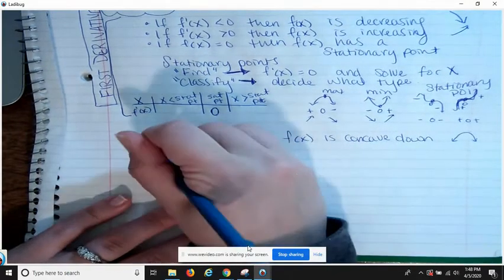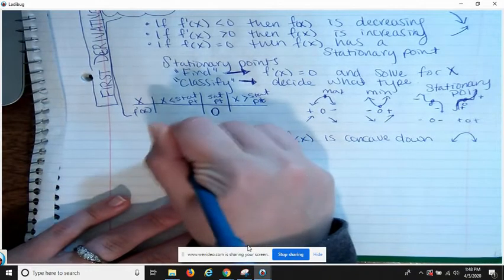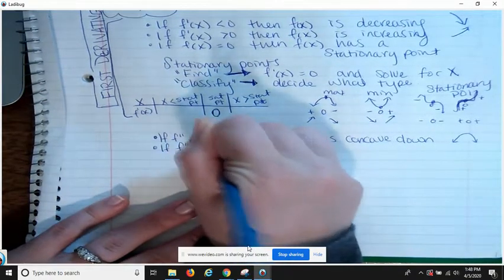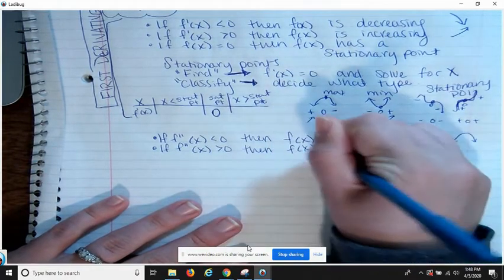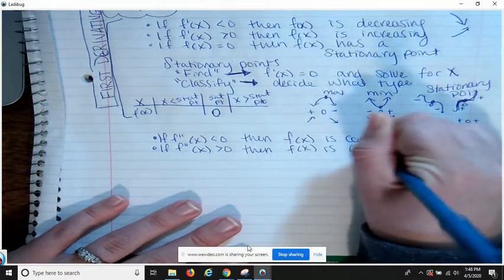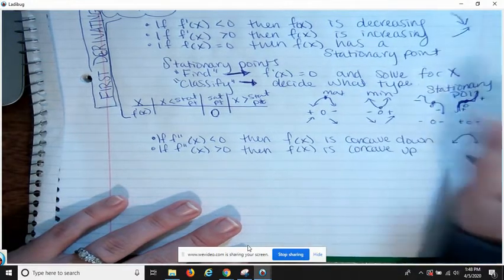If f double prime of x is greater than 0, then f of x is concave up. Okay, so it's going to be like this guy.